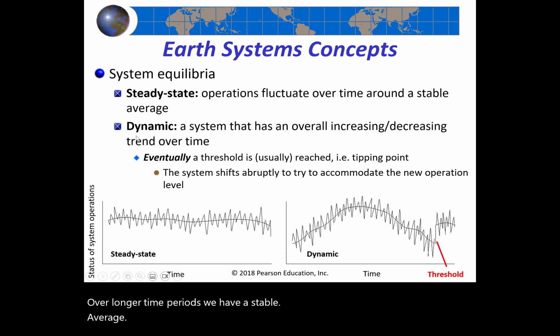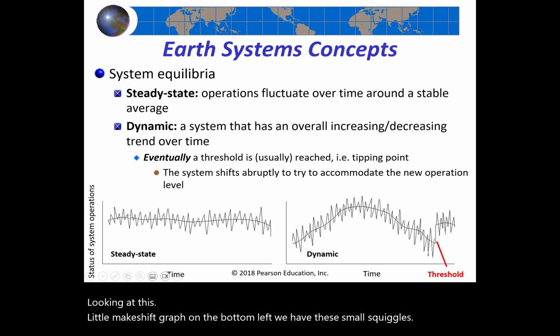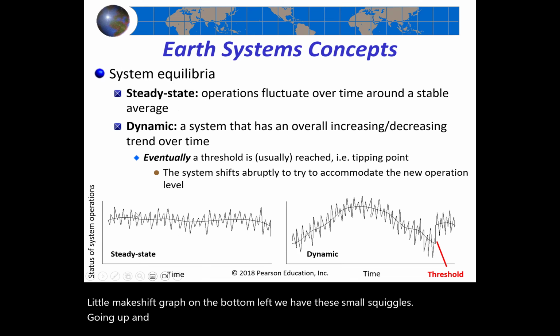So, looking at this little makeshift graph on the bottom left, we have these small squiggles going up and down representing system operation, increasing, decreasing, increasing, decreasing.